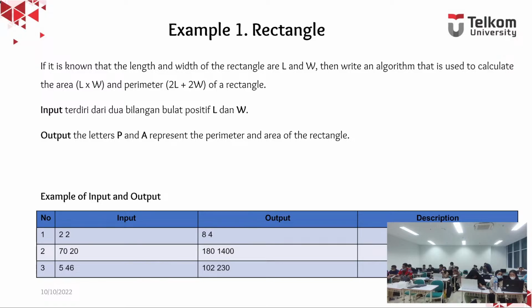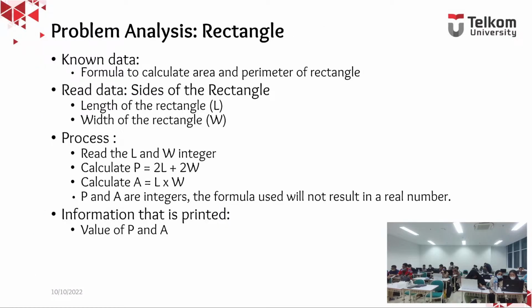We are asked to write an algorithm to calculate the area and the perimeter. Luas dan kelilingnya. Why hasn't the input been translated to English? The input consists of two integers, L and W, and the output is the perimeter and area. This is a good answer.